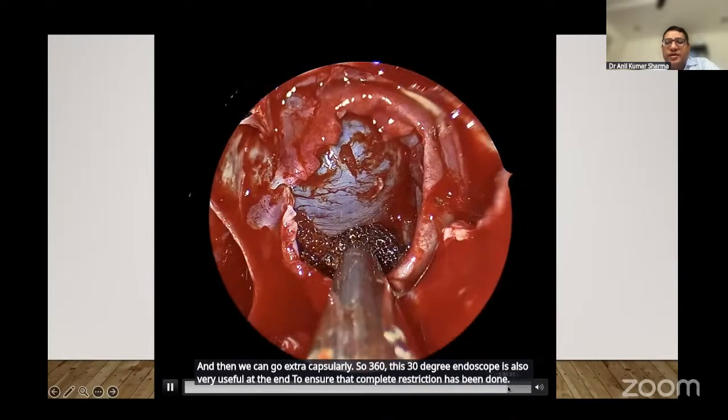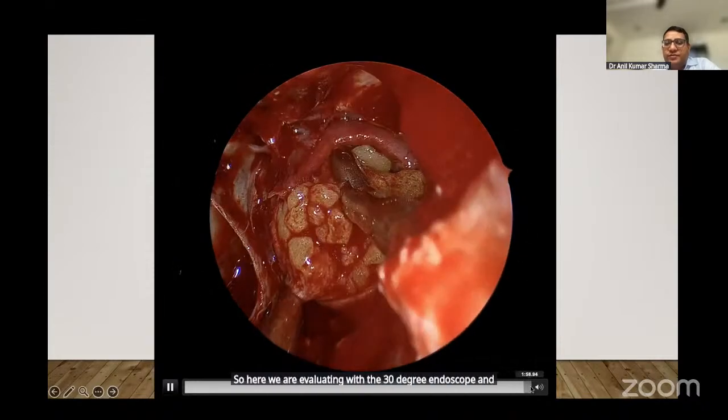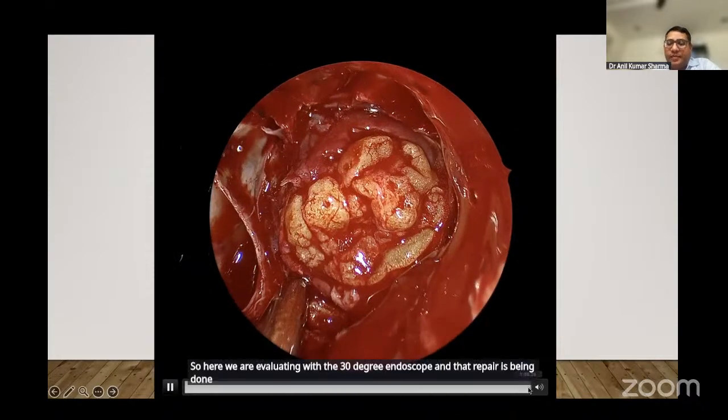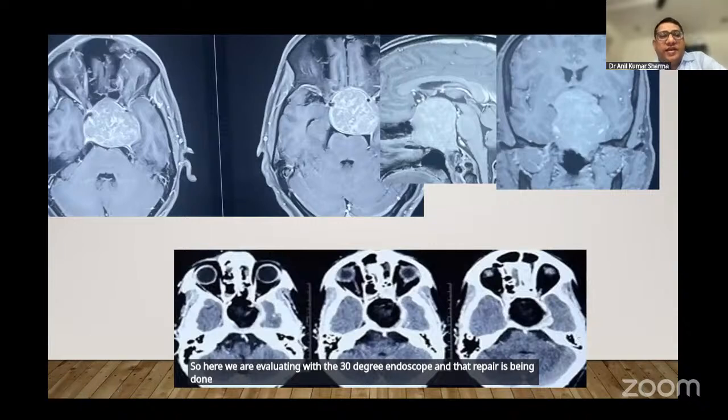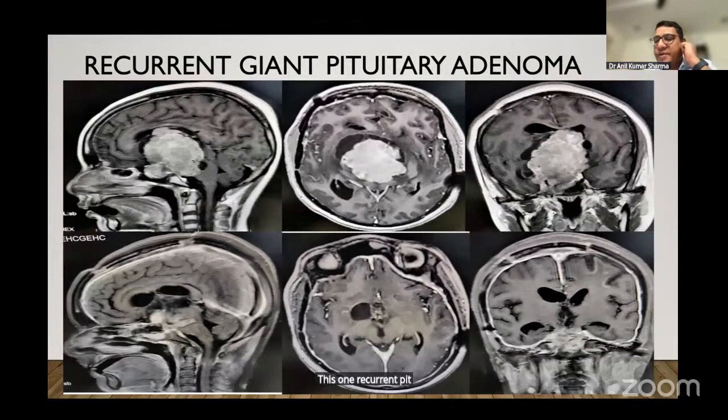Here we are evaluating with the 30-degree endoscope, and the repair is being done. In another case, a giant pituitary adenoma extending to the sphenoid and laterally, the tumor has been resected, with postoperative images. This one is a recurrent pituitary adenoma, first operated on outside.